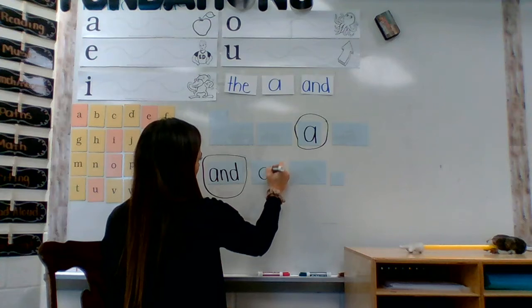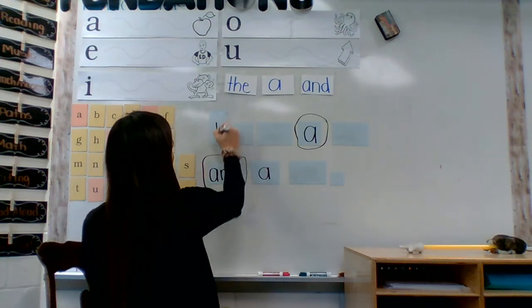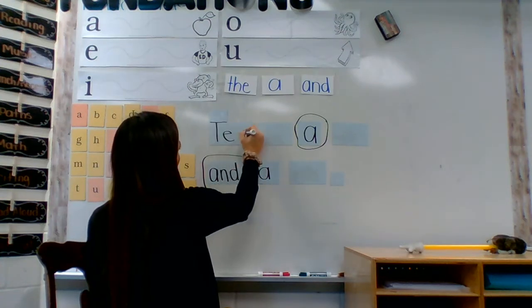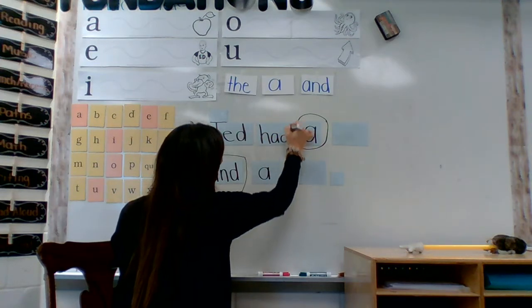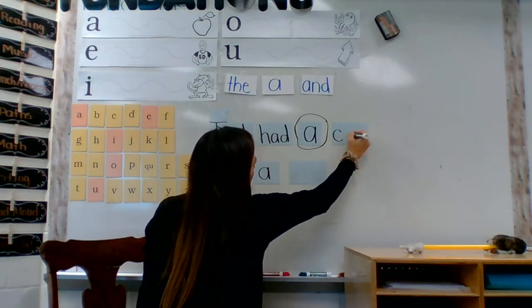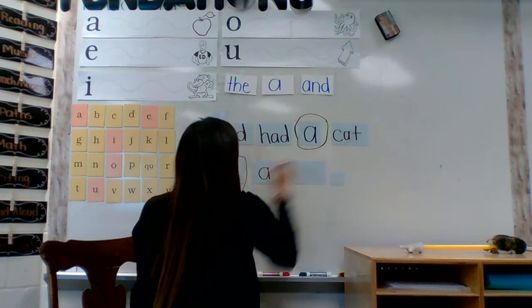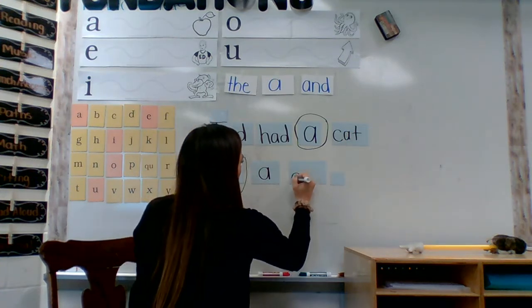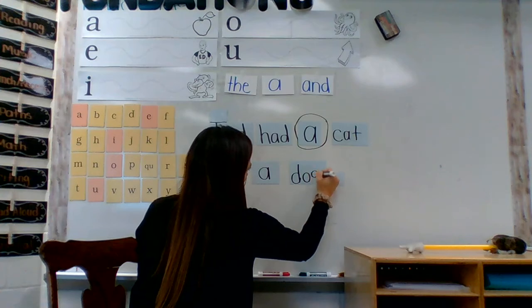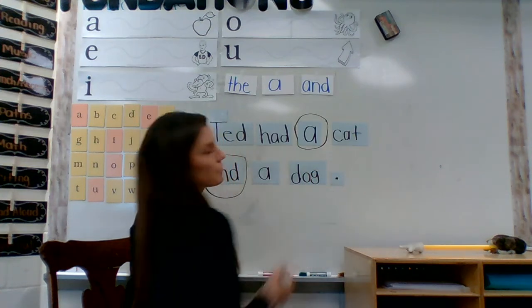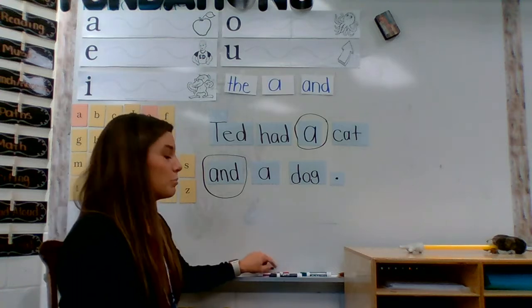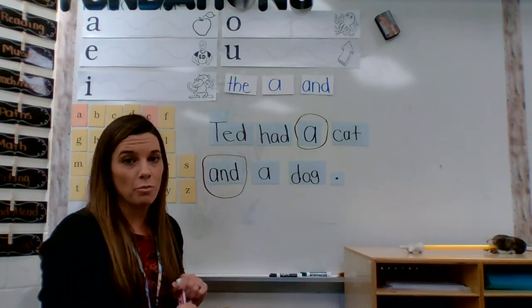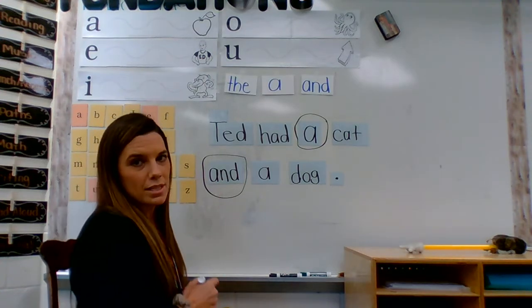This was the word A. So now I'm going to write in the rest of my sentence. Ted had a cat and a dog, period.